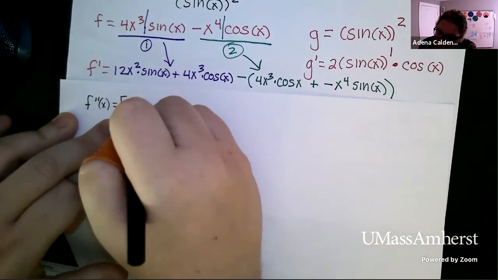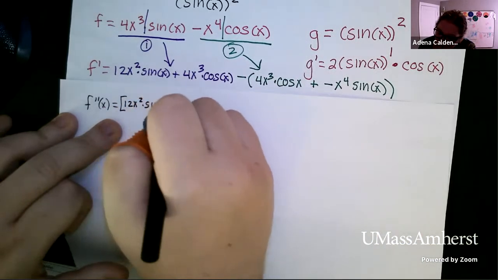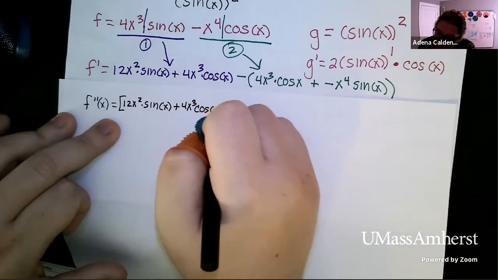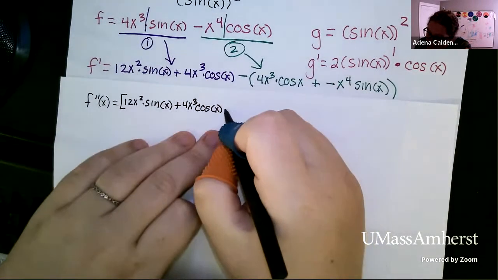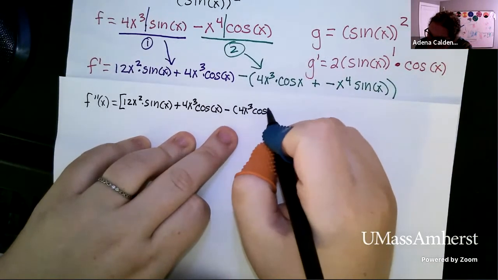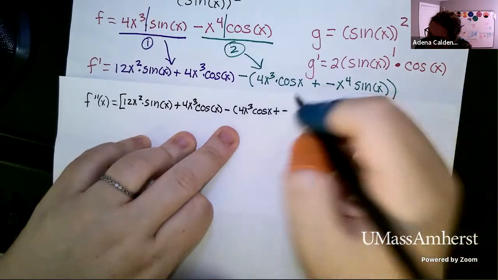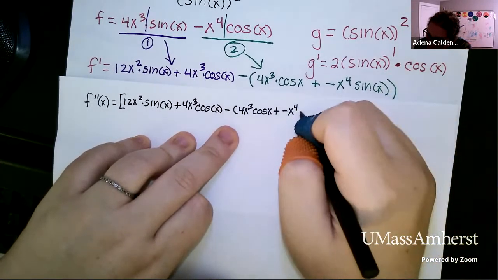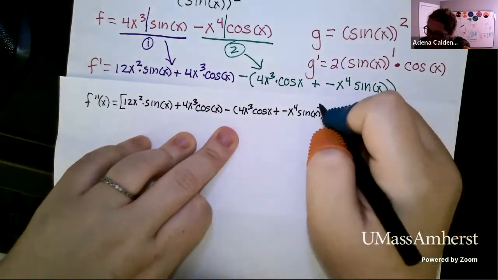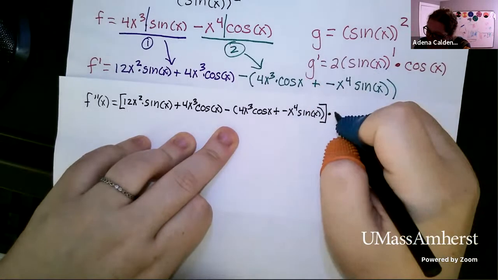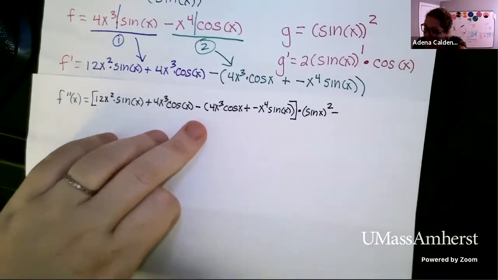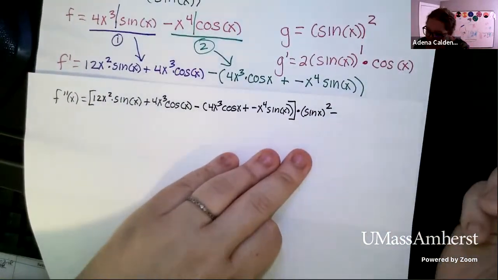So I have 12x squared times sine x plus 4x cubed cosine x minus 4x cubed cosine x plus negative x to the fourth sine x. That's my f prime. So then I close the parentheses times g, sine x squared, minus, now I have to do g prime times f.